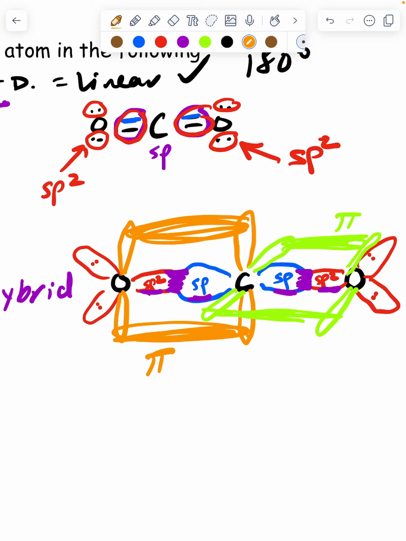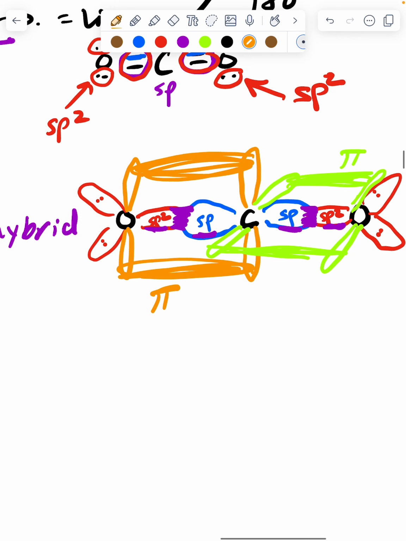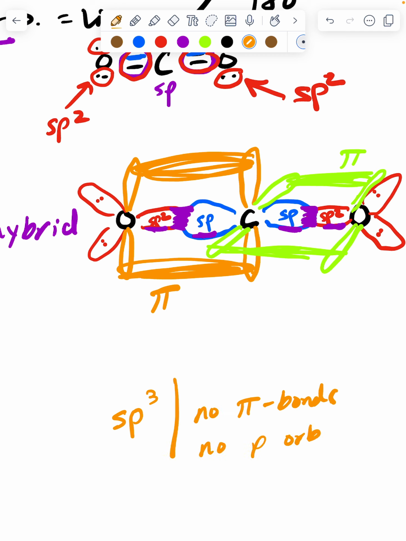So when we actually start to draw these hybrid orbitals out, the hybrid orbitals end up being involved in sigma bonds, and they end up being places where lone pairs are located. And then the extra bonds, the pi bonds, are always still made from p orbitals that are left over. So when we have sp3 hybridization, we're not going to see any pi bonds, because in sp3, there's no p orbitals left to do the pi bonding.